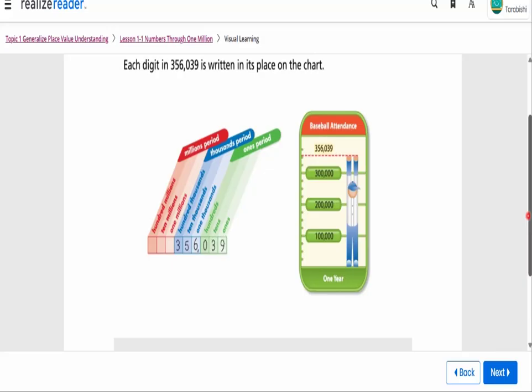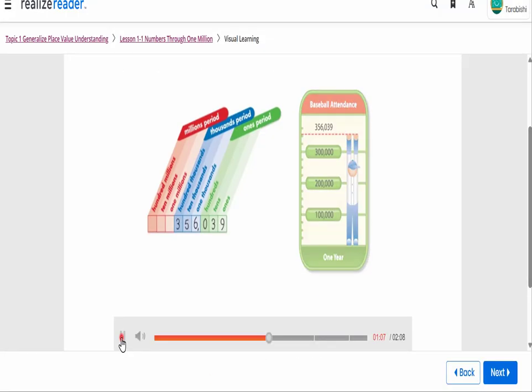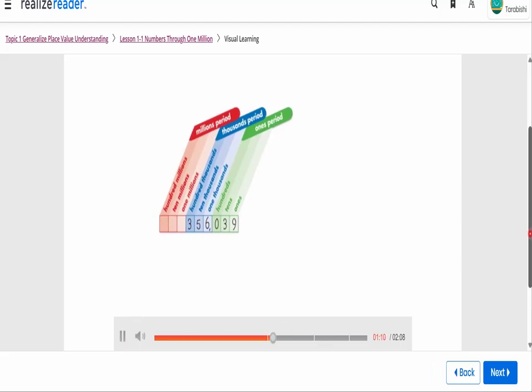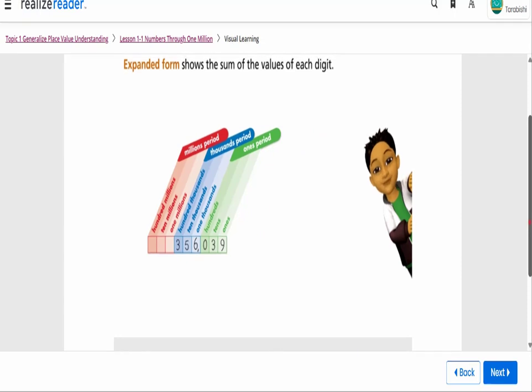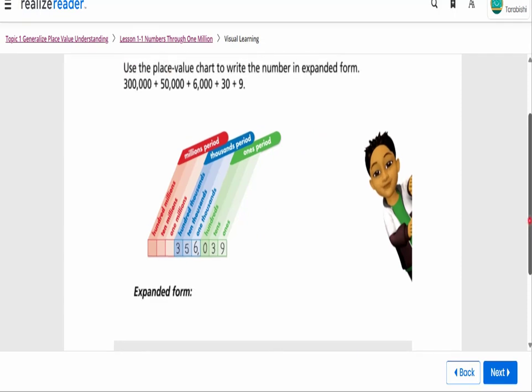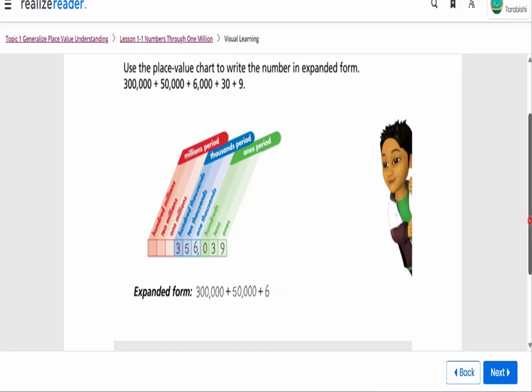Each digit in 356,039 is written in its place on the chart. Expanded form shows the sum of the values of each digit. Use the place value chart to write the number in expanded form. 300,000 plus 50,000 plus 6,000 plus 30 plus 9.